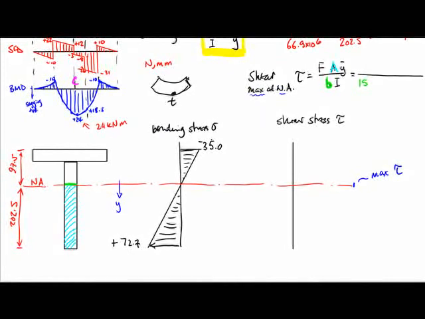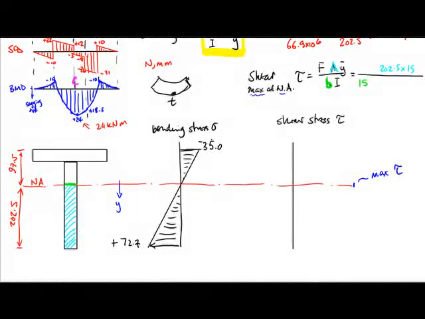A is the area of that shaded blue bit there, so A is 202.5 times 15. So that's the size of the area.